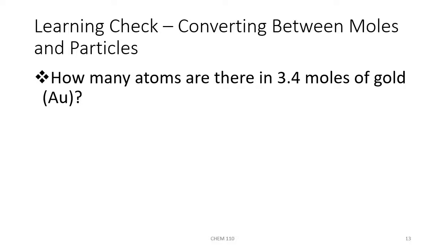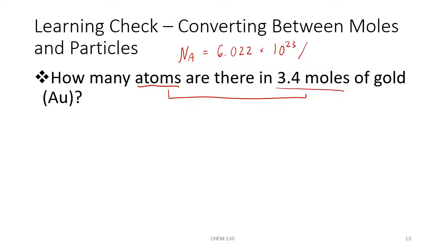How many atoms, which atom would be our particle unit in this example, are there in 3.4 moles of gold? In order to convert between atoms and moles, we're going to have to use Avogadro's number. N sub A is equal to 6.022 times 10 to the 23rd things per mole. Our things in this example are atoms. So we're going to have to start with what we're given, which is 3.4 moles of gold.